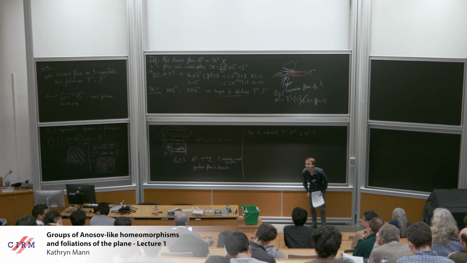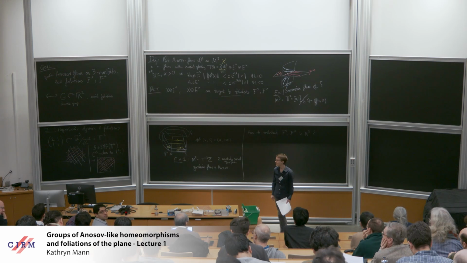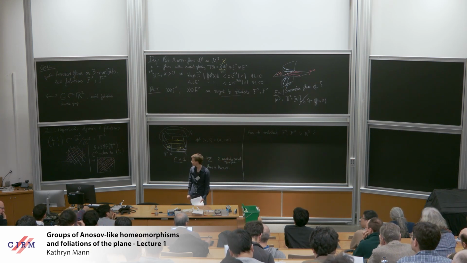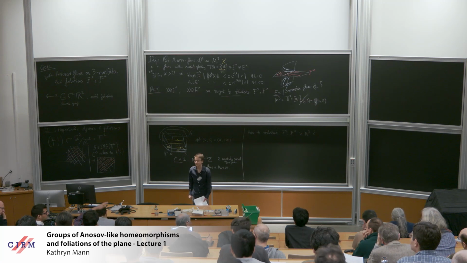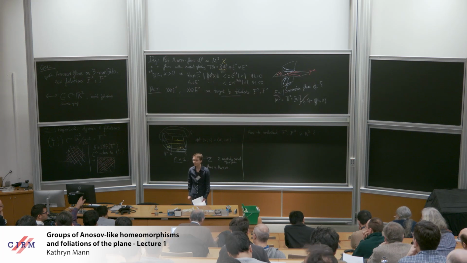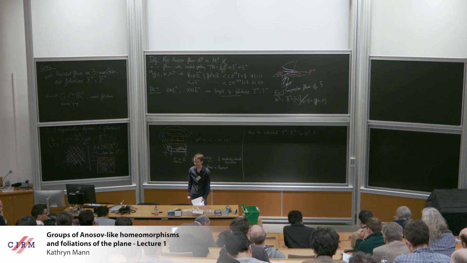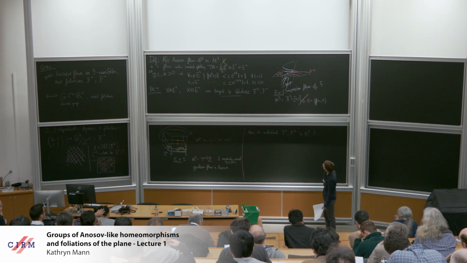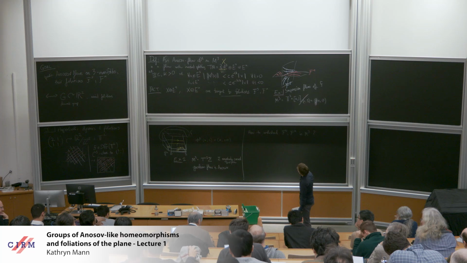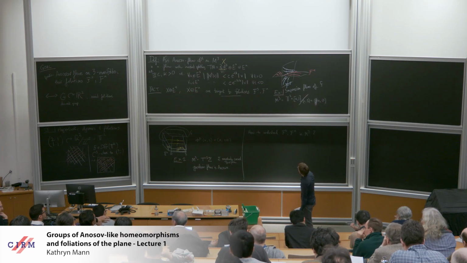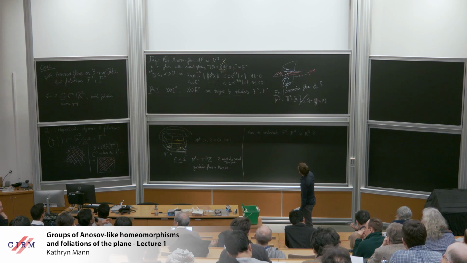Yes, question? Here you said that if you do a perturbation of the 2-1-1-1 map, then you still get these foliations of the torus that are invariant under the diffeomorphism. Yeah. But then later you said that we look at the stable and unstable foliations rather than the stable and unstable directions, because the stable and unstable directions are not so well behaved.